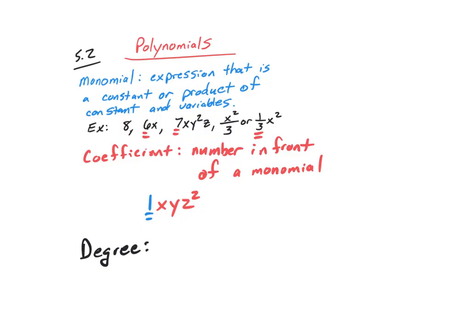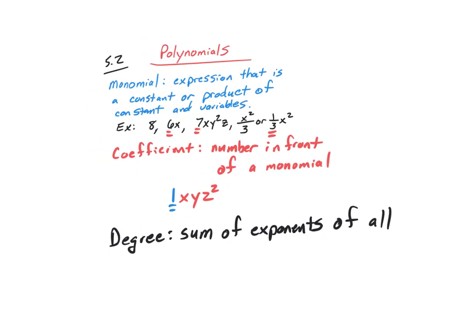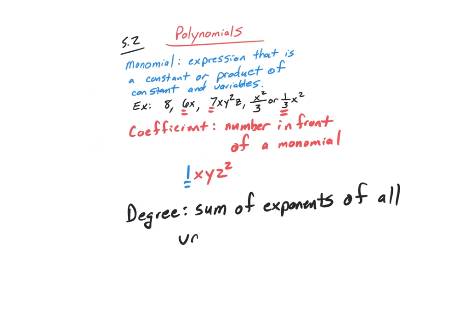Okay, degree. Degree is the sum of exponents of all variables in a monomial.